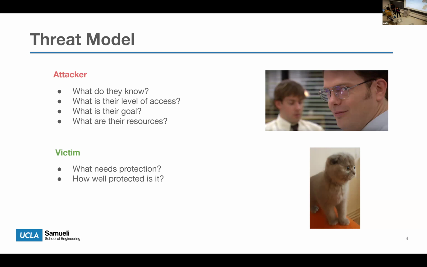And the resources. This can be done with pretty cheap resources, lasers, and the level of access is they cannot physically take control of the device, but as I already mentioned, they'll be able to see the device and that is a form of getting feedback, using the LED lights that glow whenever the device turns on. So when it comes to the victim, obviously what needs to be protected is the device which is integrated with voice control.